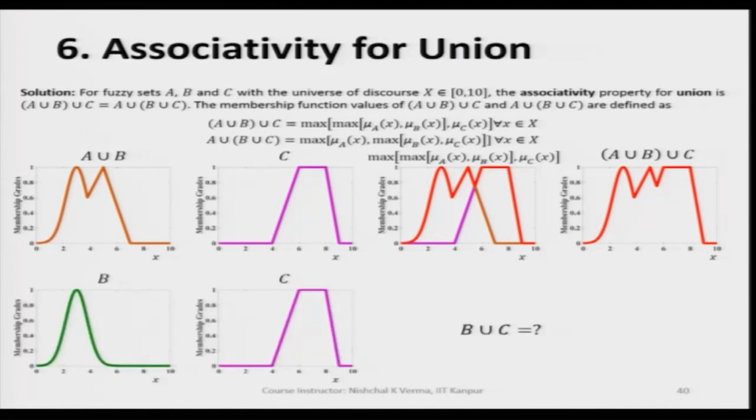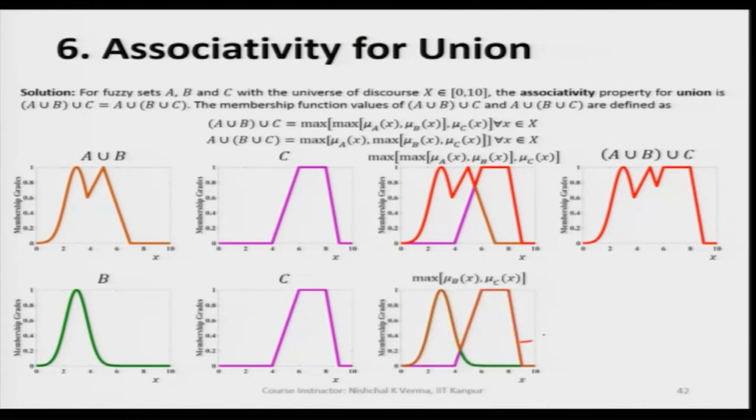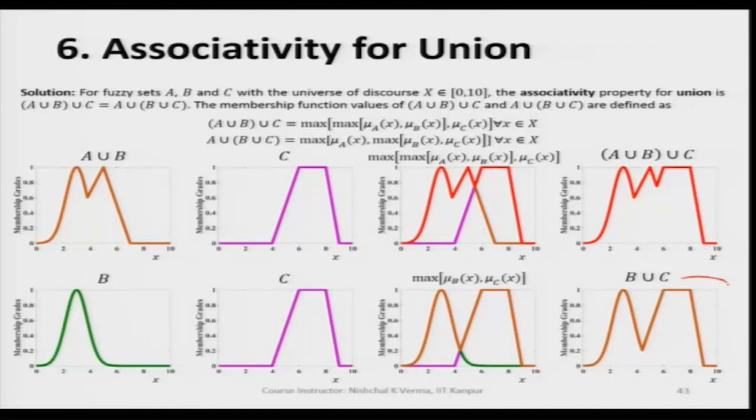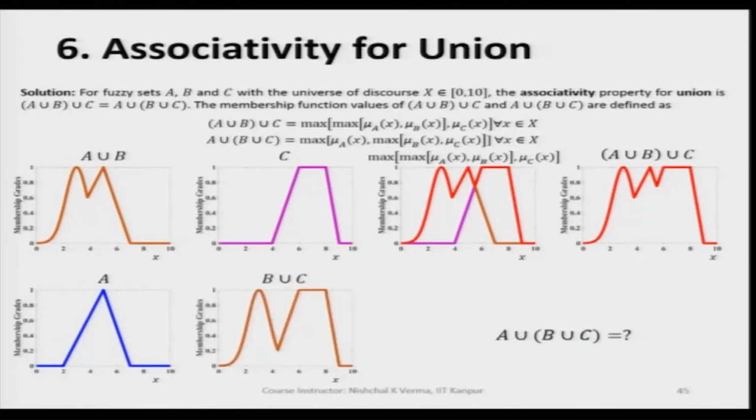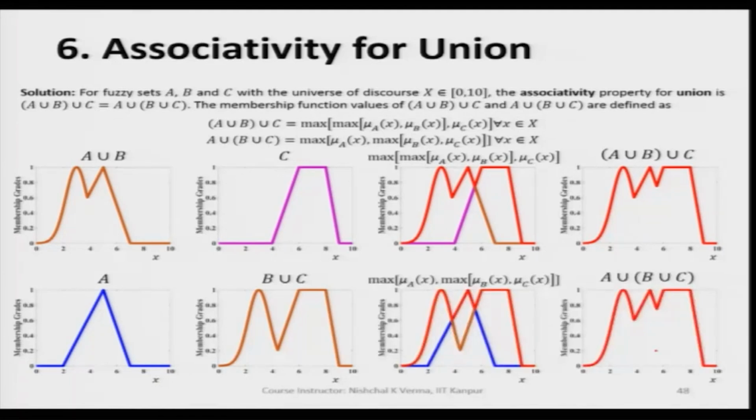if we take the union of fuzzy sets B and C, we are going to get this as the outcome, means B union C is this outcome. And if we take A union B union C, we are going to get this as the outcome by applying the same max criteria.